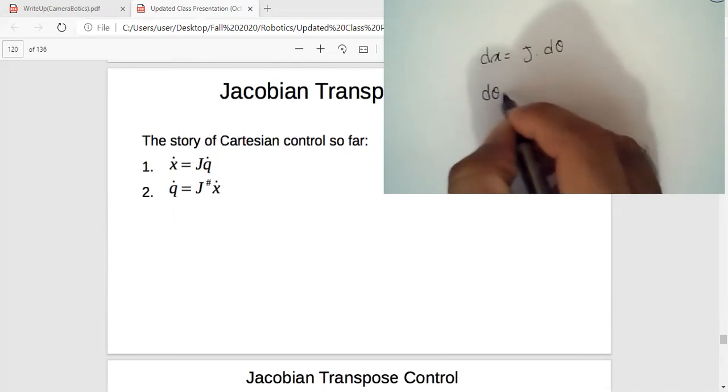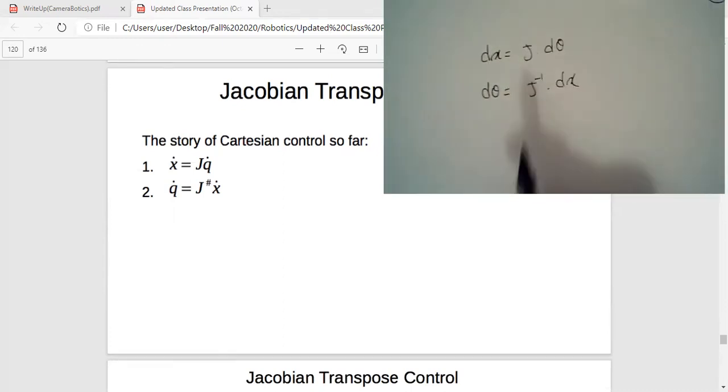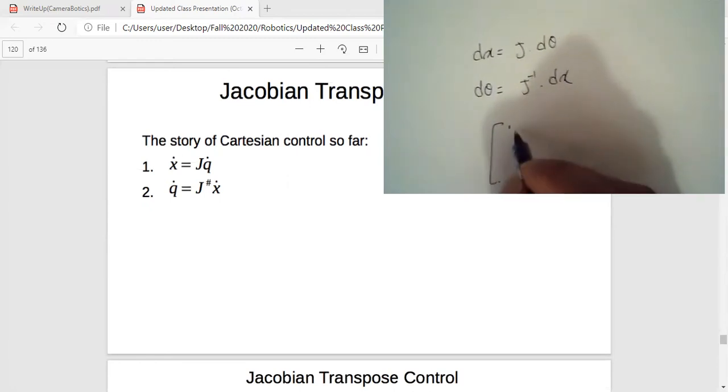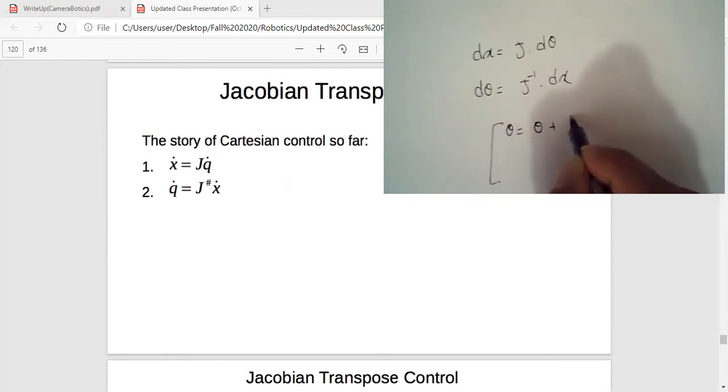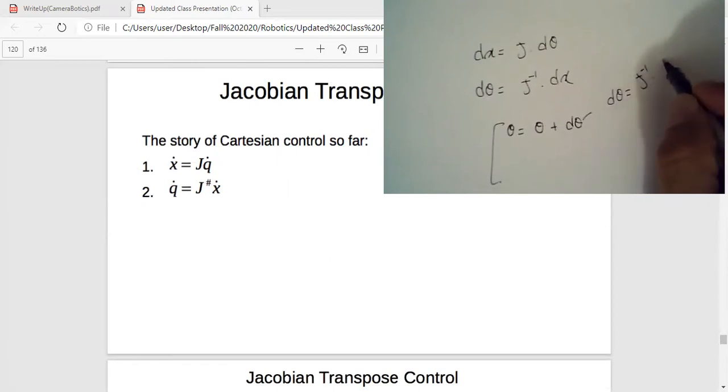We know d theta is equal to J inverse dx. So if the robot was at any position, I can write a loop, and I can reiterate the loop by saying that theta is equal to the initial theta plus d theta, where d theta is equal to J inverse multiplied by dx, right?